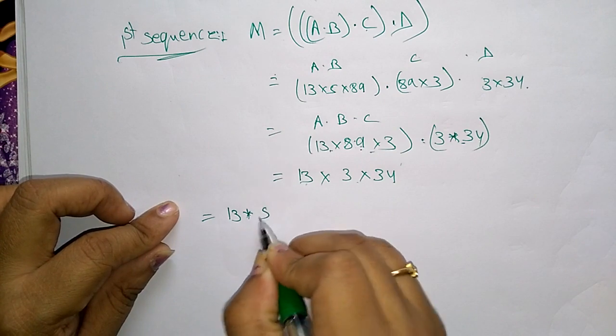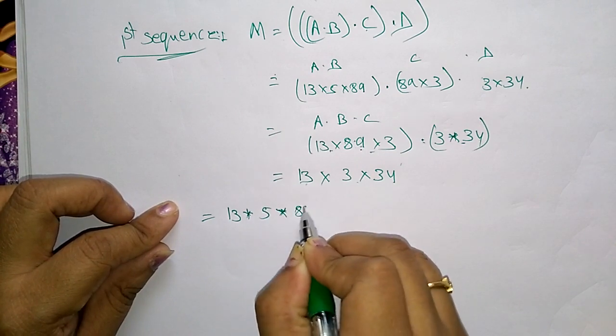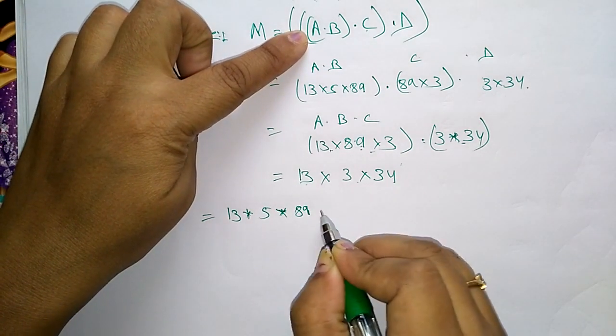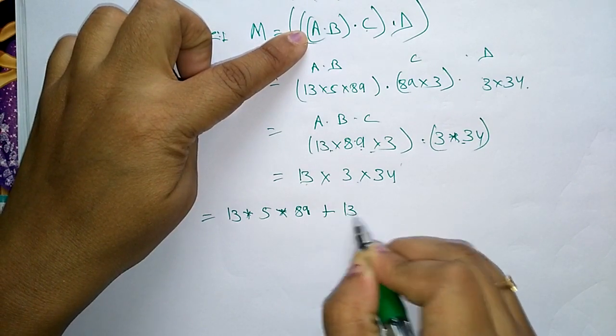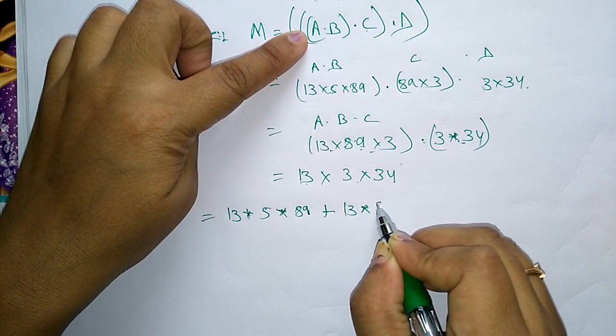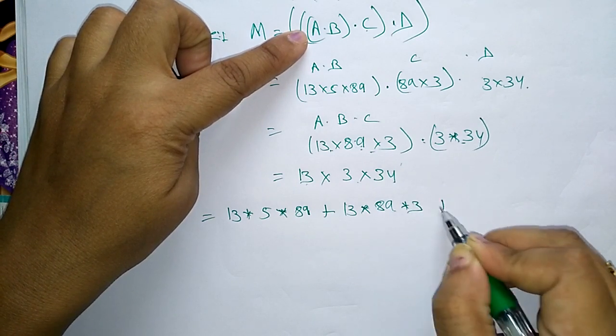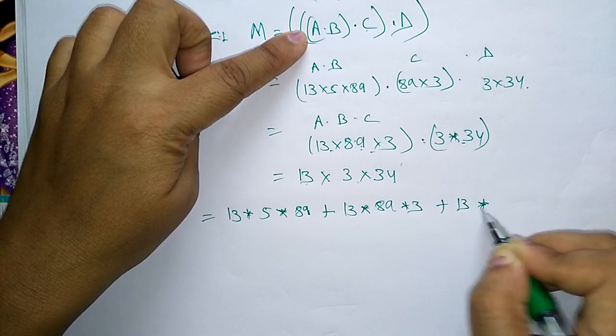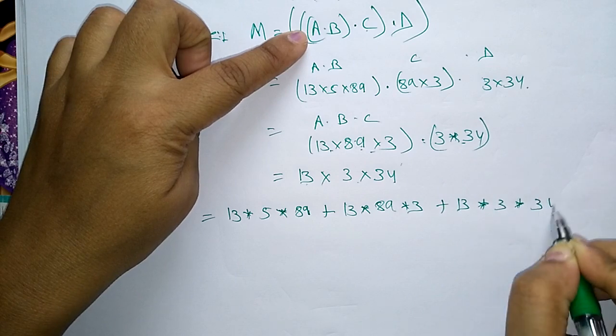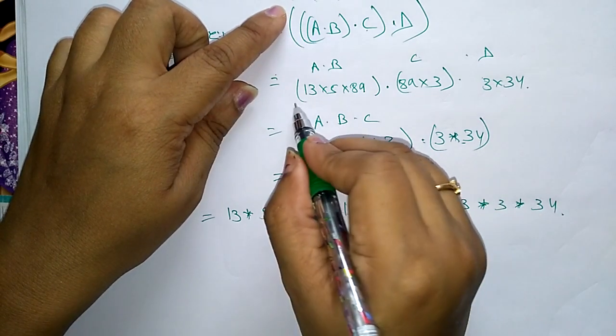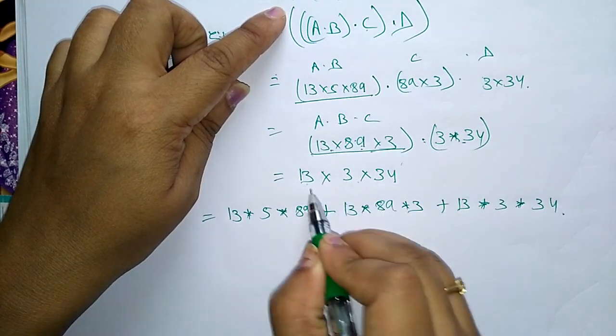So now finally this will be 13 into 5 into 89. So this is the A value, plus 13 into 89 into 3 plus 13 into 3 into 34. Okay, so this is first, second and next.